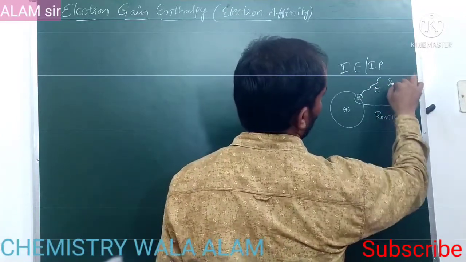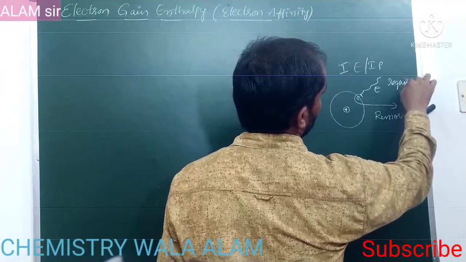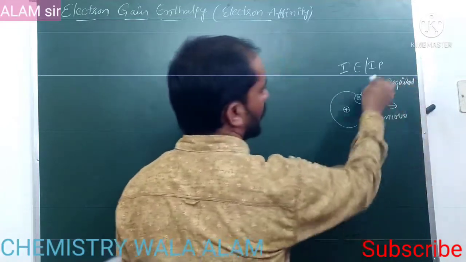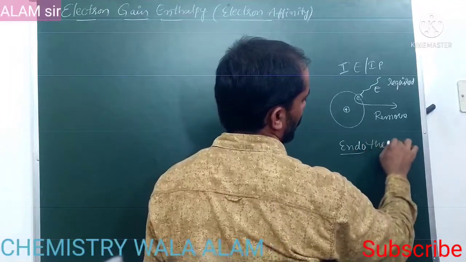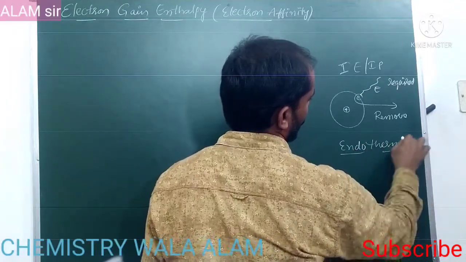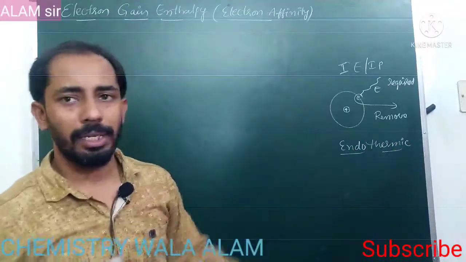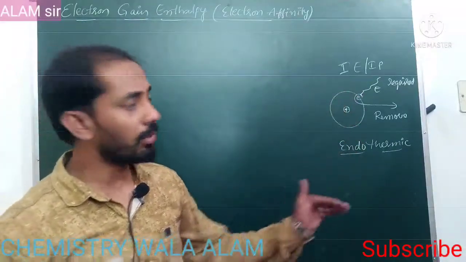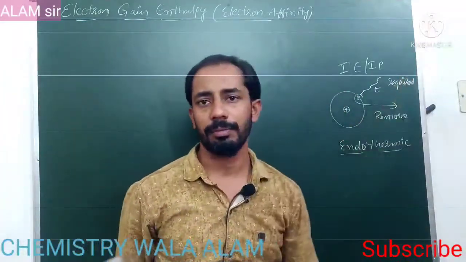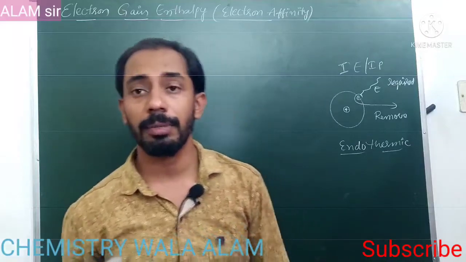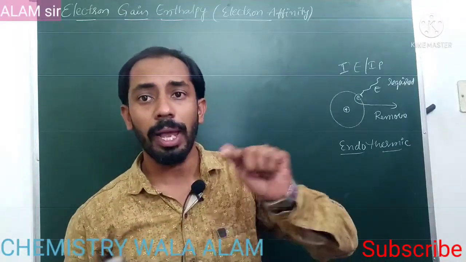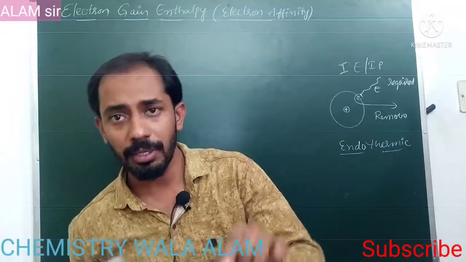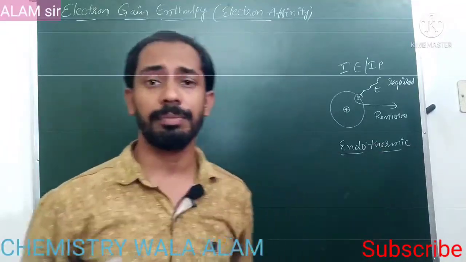It is an endothermic process. The definition of ionization energy is the minimum amount of energy required to remove an electron from the valence shell of an isolated neutral gaseous atom.